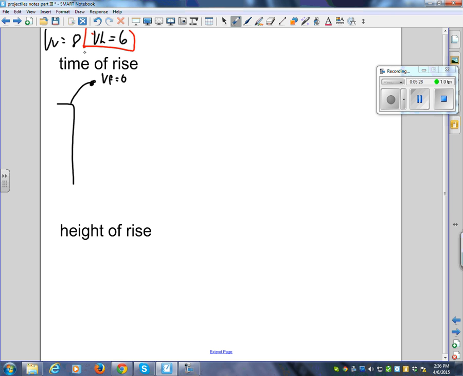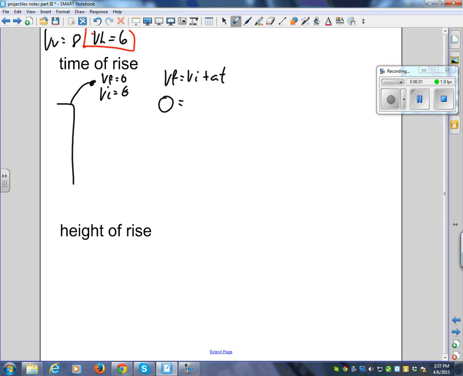Okay, so VF equals 0. What's the VI vertically? The VI is that 8. The VI is the 8 because we're talking about time of rise. This is a vertical question. We talk about the 8. Not the 10, that's the combined, not the 6, that's horizontal. So then it's going to be VF equals VI plus AT. What's the final velocity? 0.